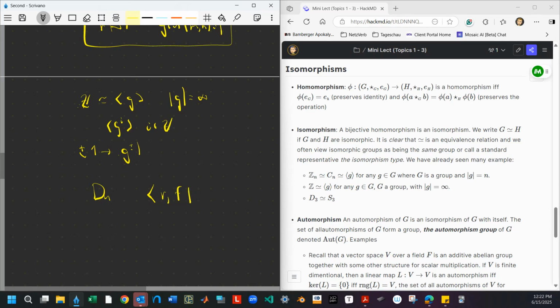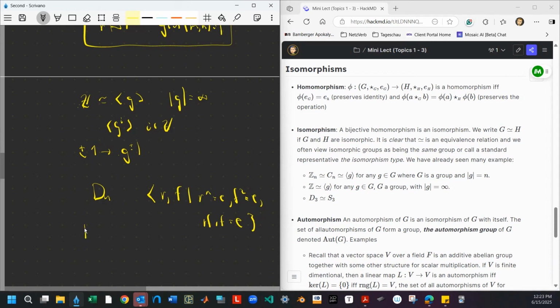And these are given by r^n = e, f^2 = e, and then one of these, rf rf, or fr fr, it doesn't matter, equals e. So one of those two things. So these generators completely determine D_n. Any other fact about D_n can be proven from these things. And so that's the sense in which this completely characterizes what D_n is.